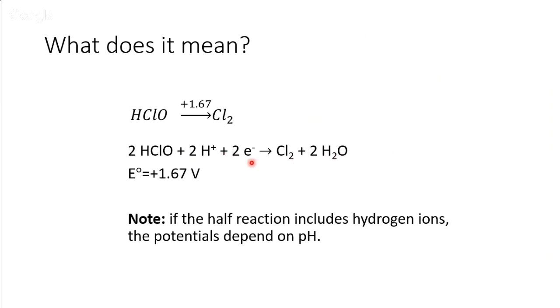Notice that this does include electrons because this is really a reduction equation, so it's representing this reduction. The standard potential for this particular reaction is 1.67 volts. And remember, by convention, we write the sign for the reduction potential, whether it's positive or negative. So we would always put the plus in front.